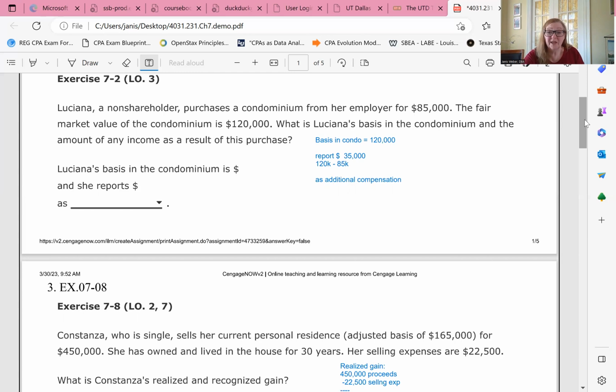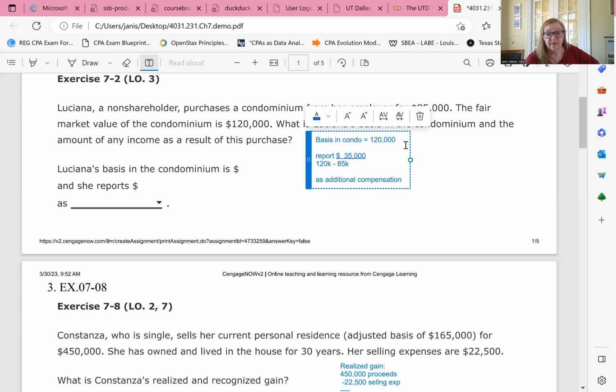It changes her basis to where her basis, rather than being the 85 she wrote the check for, is the whole $120,000, because she's going to have to pay tax on the extra as compensation. That increases her basis. So the basis in the condominium is the full 120, because it's the amount she paid plus the amount she had to pick up as income for the bargain.